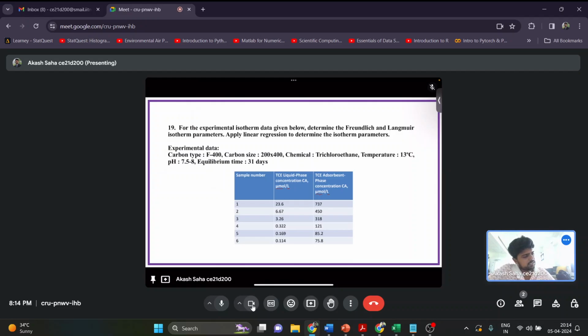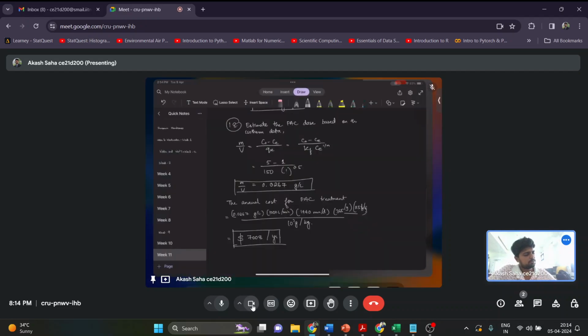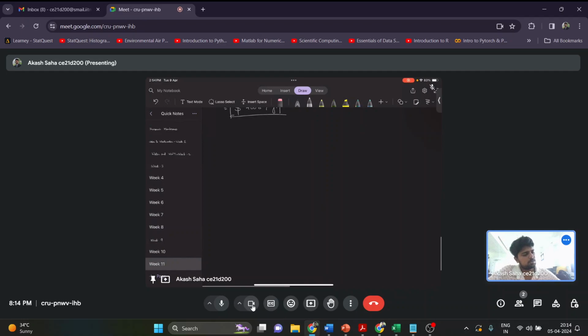Okay, so let's see how to solve this. Question number 19. So let's start with the table. We have the serial number, the concentration in the liquid phase, and the adsorbed concentration.